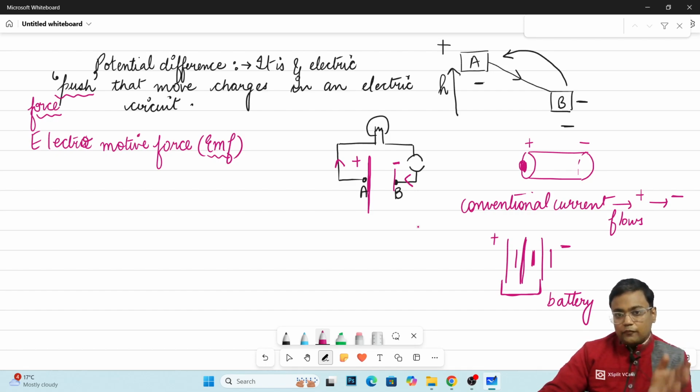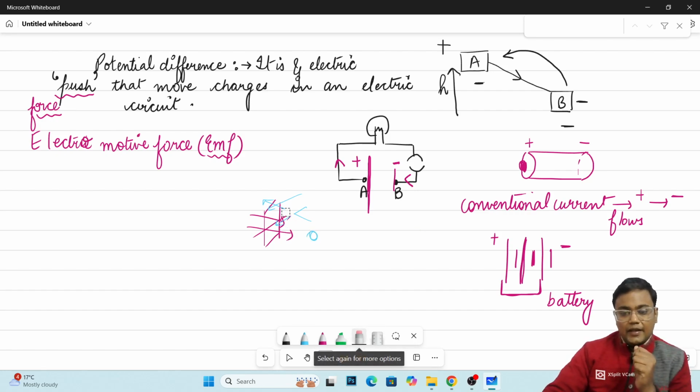There was no net movement across a boundary. So if 3 electrons were moving from left towards right, 3 electrons were moving again in the opposite direction, cancelling out the movement, right? So the net movement was always 0 in the absence of potential difference.